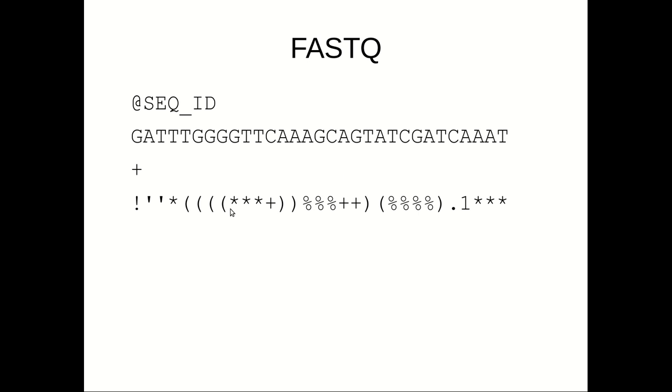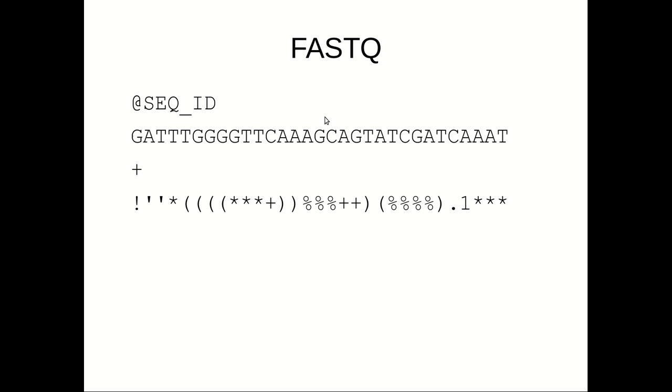In FASTQ, things get a little bit more complicated, because we're including quality scores. The start is going to be an @ symbol. Then we're going to have some sequence ID, generally in our case the ID of the particular read that we're working with. We have the bases associated with the read itself.